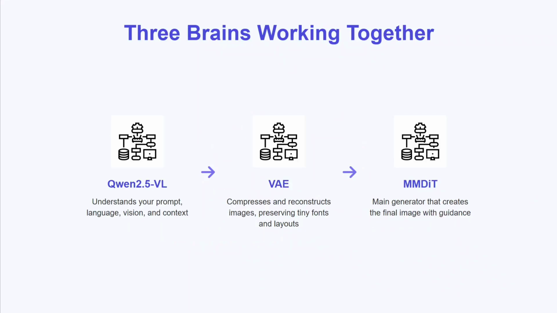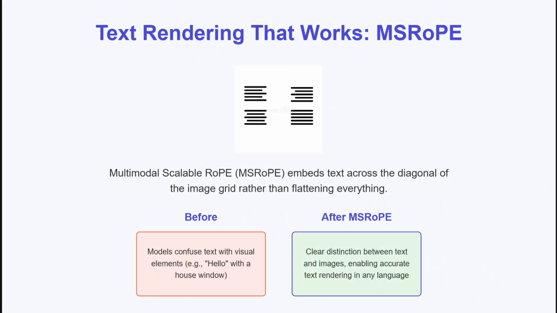It is built on Qwen 2.5 VL, a vision language model, which understands your prompt, language, vision, and context. Then it passes to a VAE, variational autoencoder, which compresses and reconstructs the image, and then it uses MMDiT, that is a diffusion transformer, the main generator that creates the final image with guidance. So it is a stack of three things.